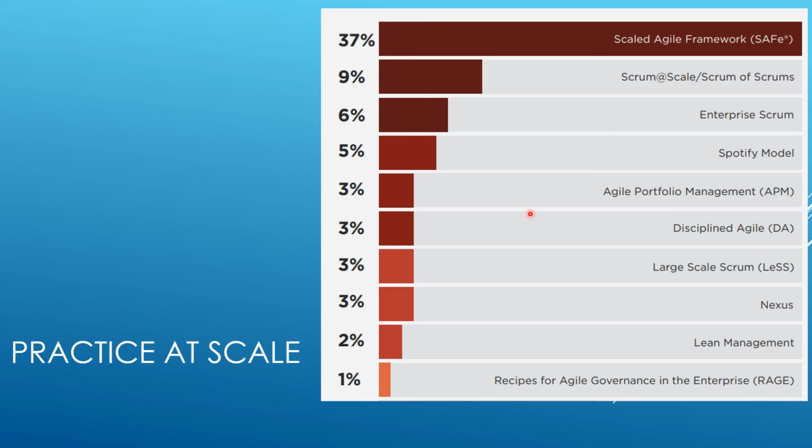At the scaled agile framework level, at least 37% of companies use SAFe, followed by 9% Scrum of Scrums and 5% the Spotify model. So the most widely used practice today is SAFe.